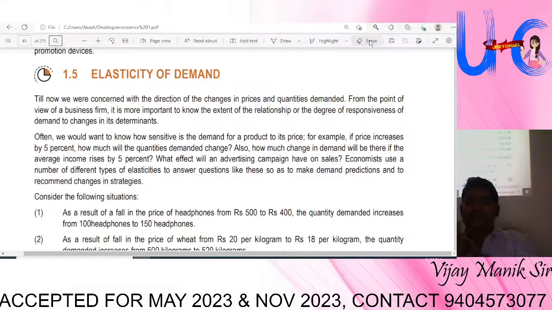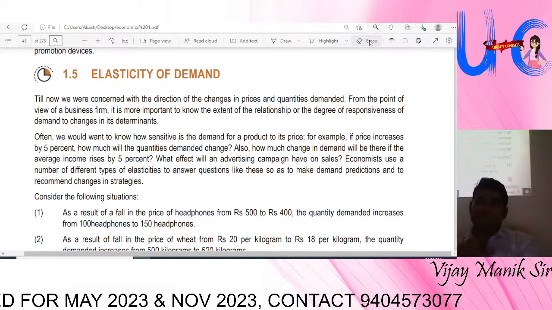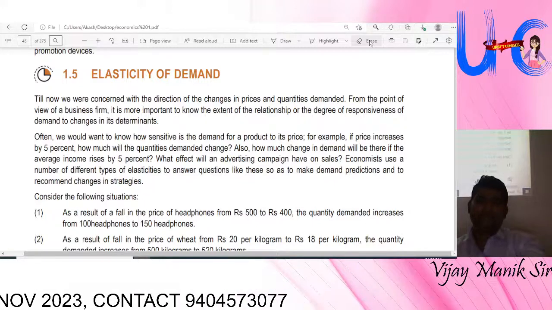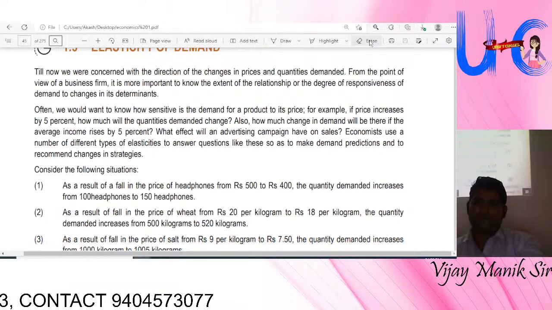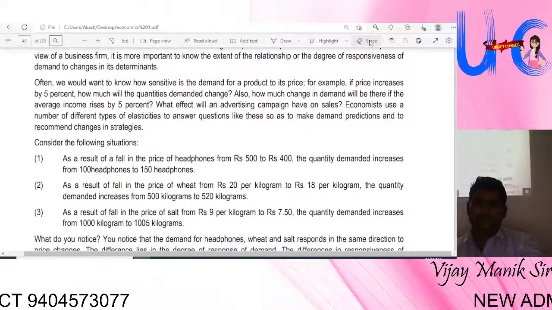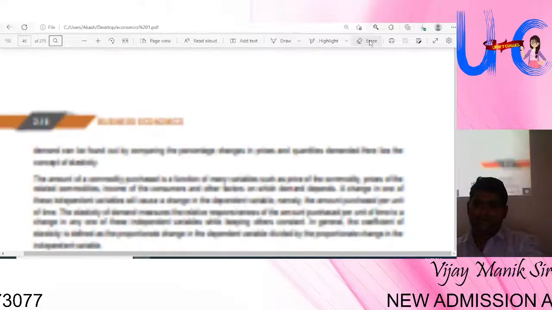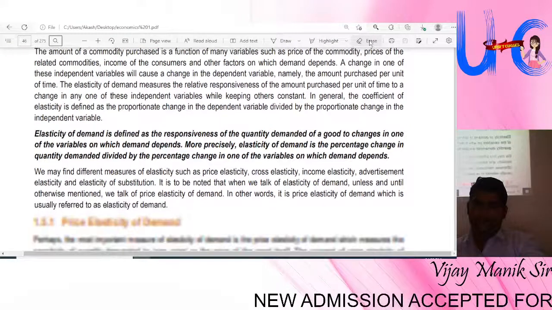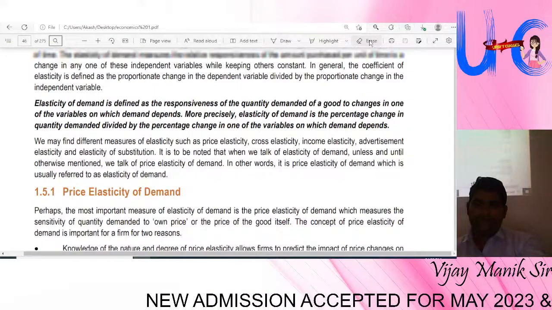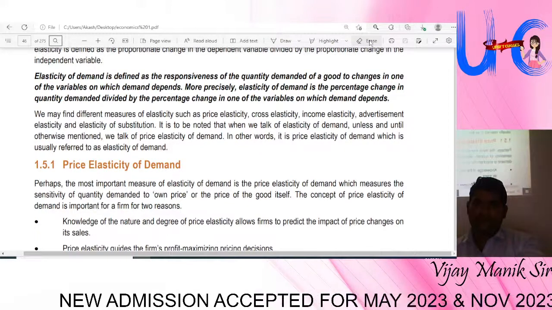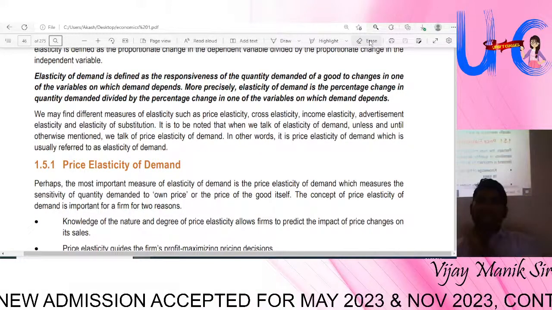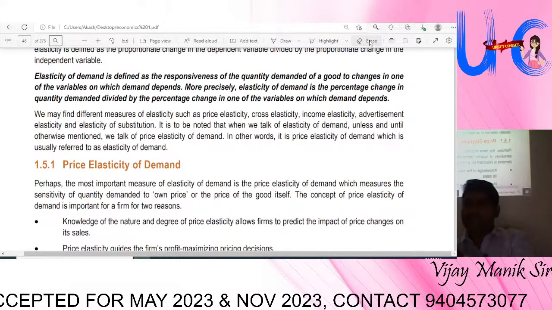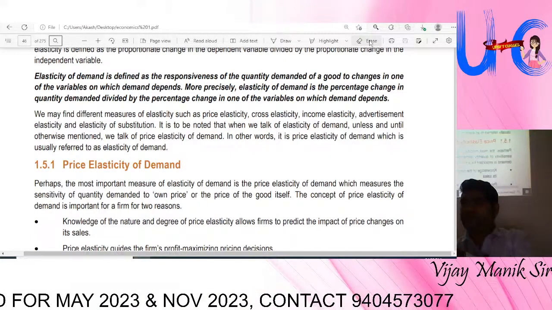Elasticity of demand. What is elasticity? Is there an equation of elasticity of demand?